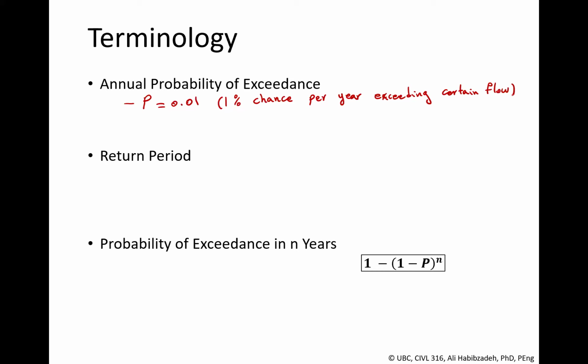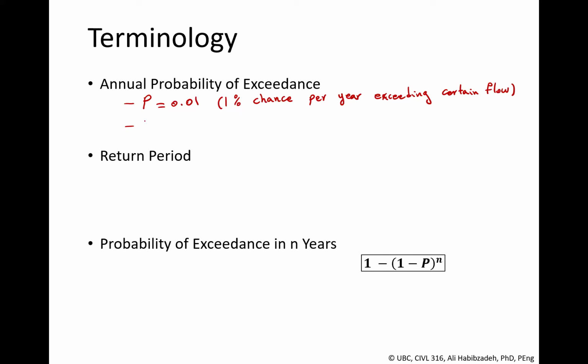We use capital P for annual probability of exceedance, and that number tells us the chances per year for this parameter to exceed a given number. For example, the 1% probability of exceedance in this river is 10 CMS. So there's a 1% chance that per year your flow will be more than 10 CMS.